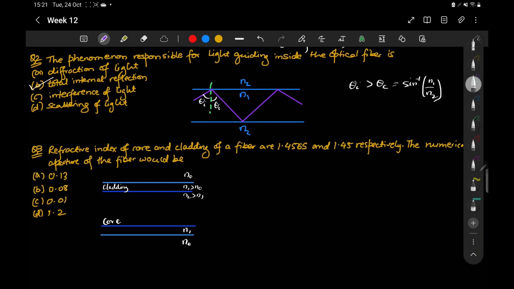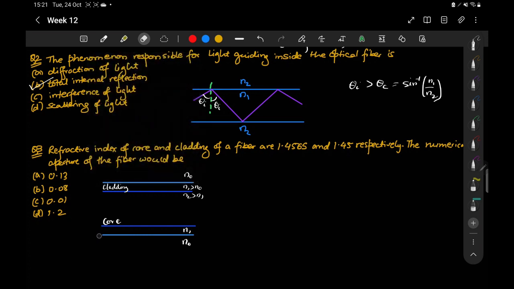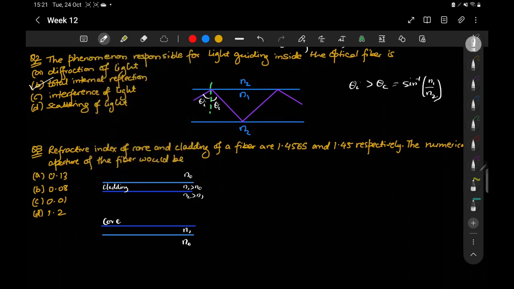Now let us consider a ray incident on this fiber. So this is the entrance to the fiber. This is my incident ray.